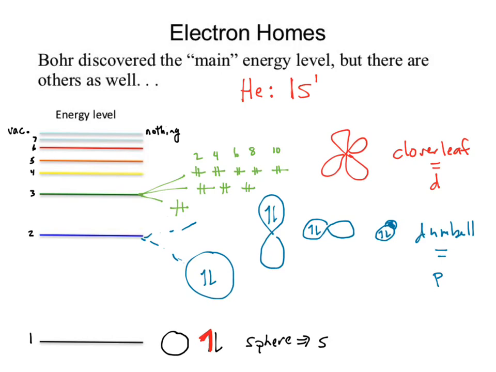Where's the second electron go? 1s1. Right? That's kind of repetitious, right? Is there a way we could condense that? Say yes. 1s2. I've now done the electron configuration for helium. Make sense? You got it?